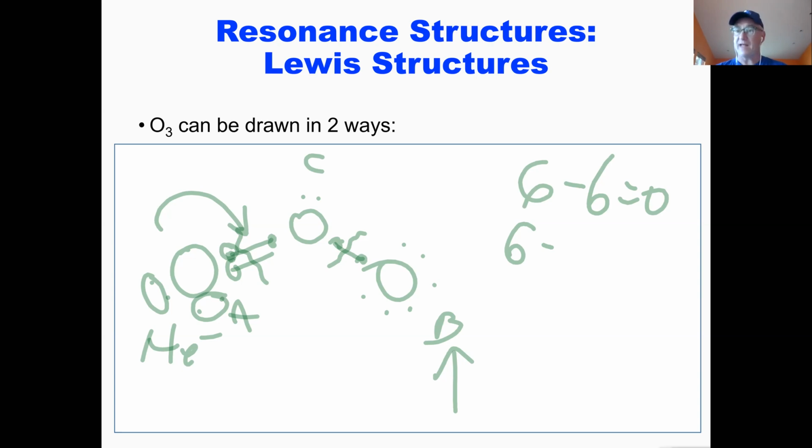Seven. That's right. This has 3 lone pairs, that's 6, and it has a bond, so it keeps one of those as well. So it has 7. So the charge on this oxygen is minus 1. Now let's look at oxygen C in the middle. It's supposed to have 6 valence electrons. How many does it actually have?